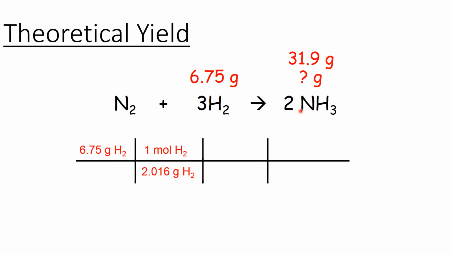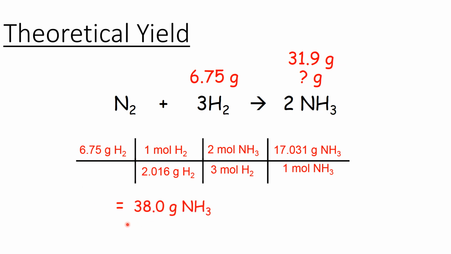Our ratio of ammonia to hydrogen is we produce 2 moles of ammonia for every 3 moles of hydrogen that we consume. And now we multiply by the molar mass of the ammonia in order to get the grams of ammonia that 6.75 grams of hydrogen would theoretically produce. When we do that, we get 38.0 grams of ammonia.